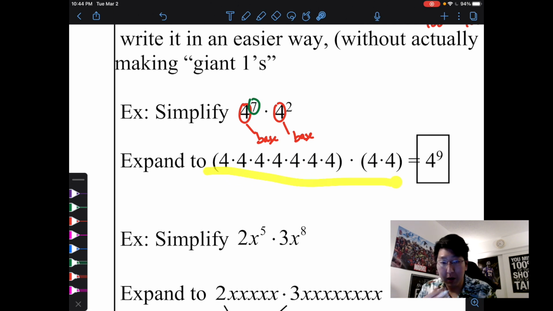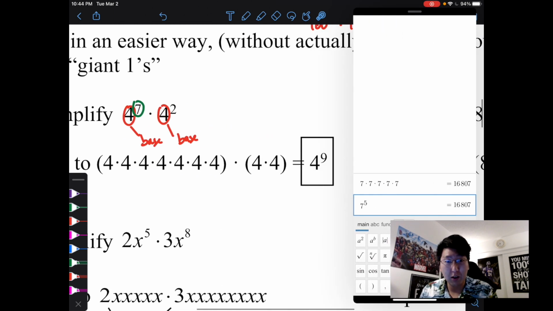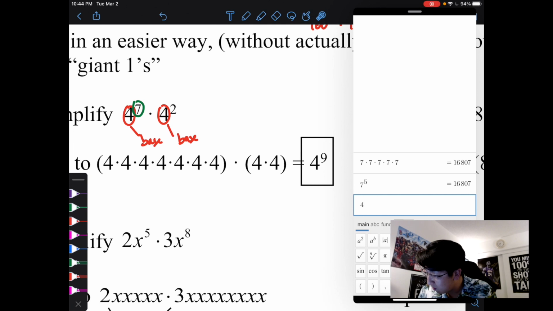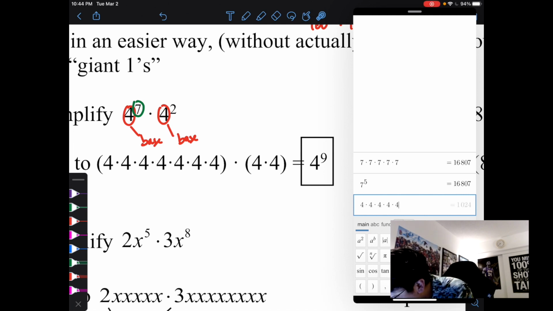When we multiply, I can technically take my calculator and write 4 times 4 times 4, 3, 4, 5, 6, 7, 8, 9.